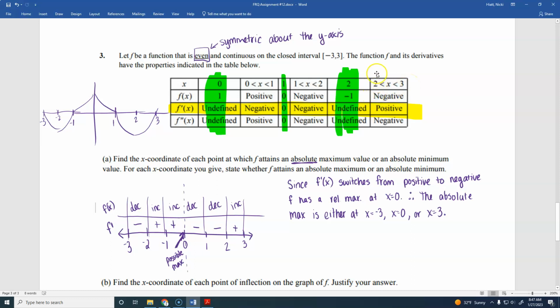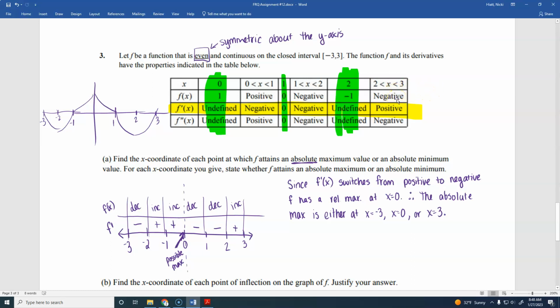If this graph is negative from 2 to 3, what's the highest possible value you could have for 3? It could be 0, right? Because from 2 to 3 you're negative, which means that the very highest it could be is 0, or it could be still a negative value.